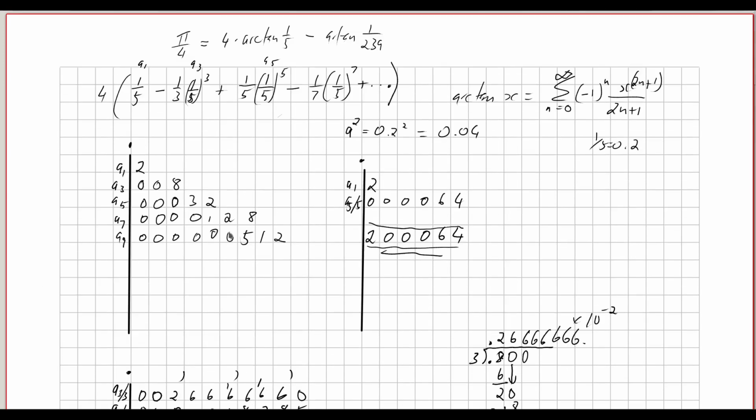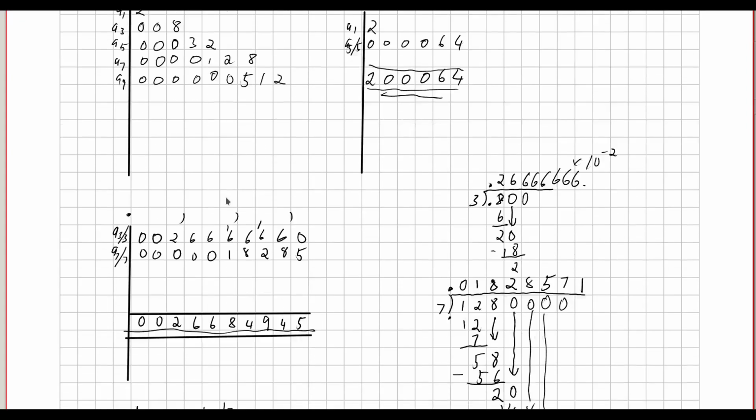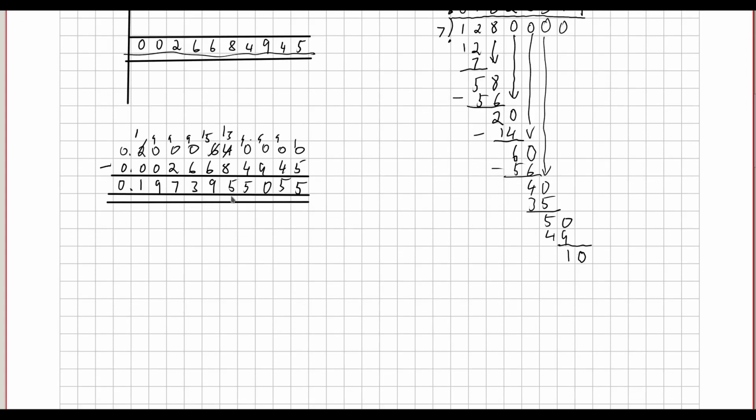Now, because we've done all that, we've got to take 4 times that approximation of the arctan. So 4 times 0.1973955.